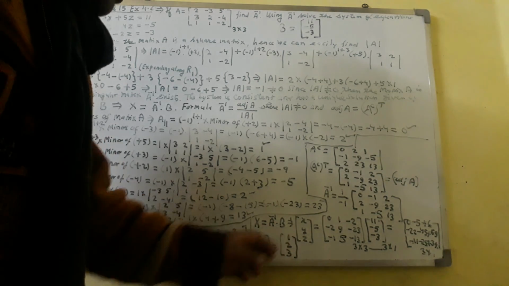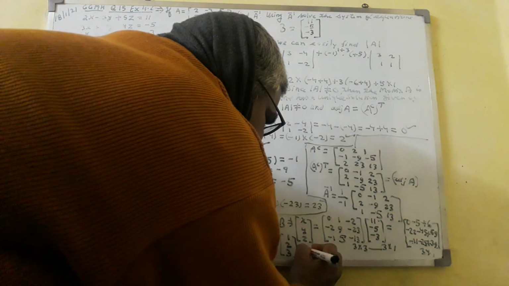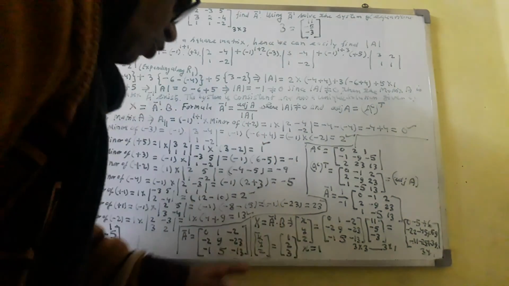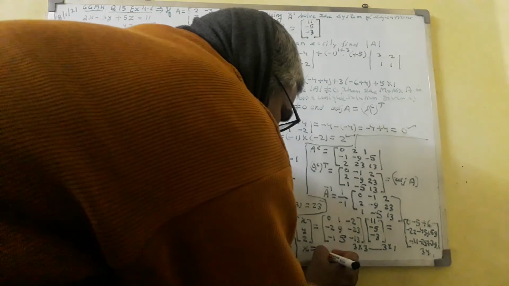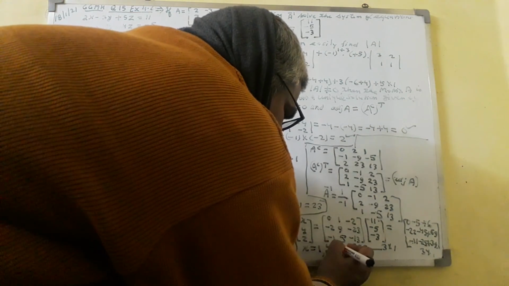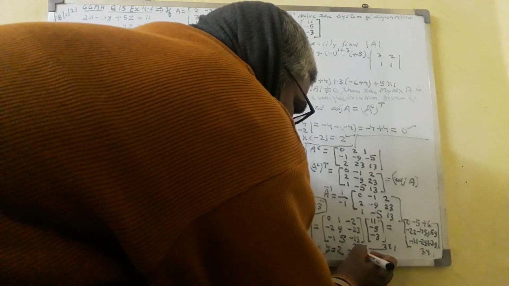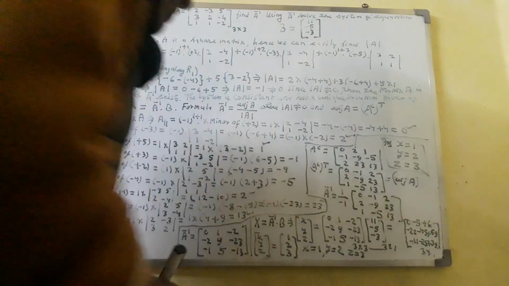X corresponds to 1, so x equal to 1. Y corresponds to 2, so you will get y equal to 2. Z corresponds to 3, you will get z equal to 3. So you have got the answer as x equal to 1, y equal to 2, z equal to 3. This will be the correct answer you have got.